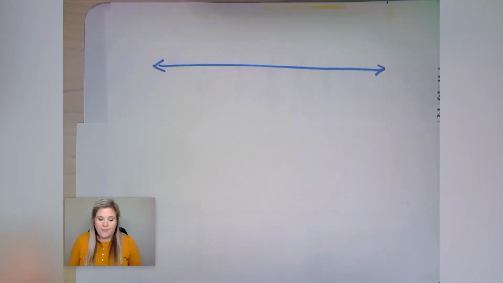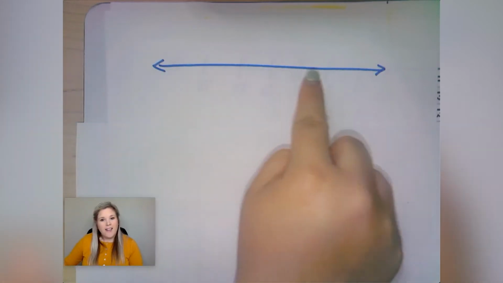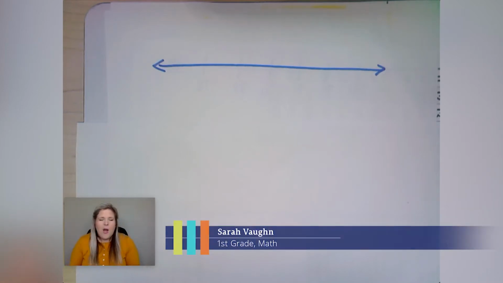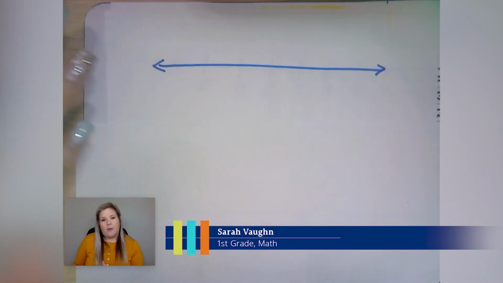Let's do it. We will be using a tool today called an open number line. Right here, I have drawn an open number line. Can you say open number line for me? Great job. Looking at our open number line, why do you think it is called an open number line?